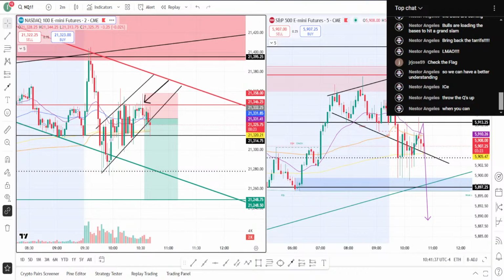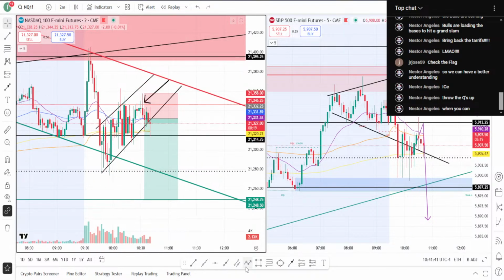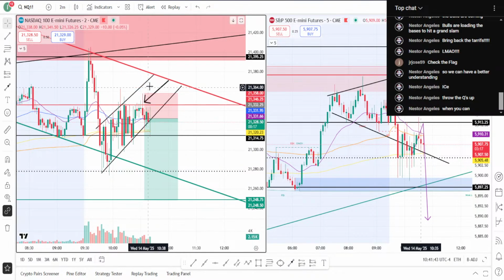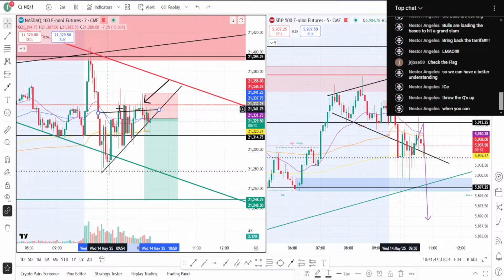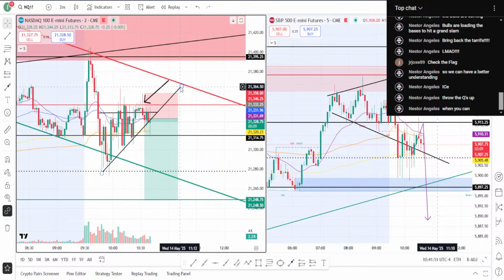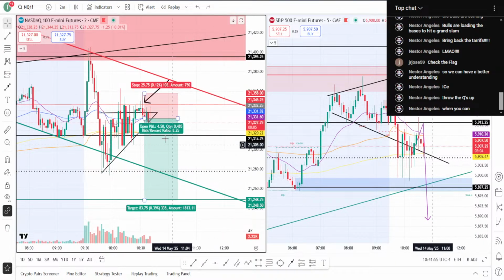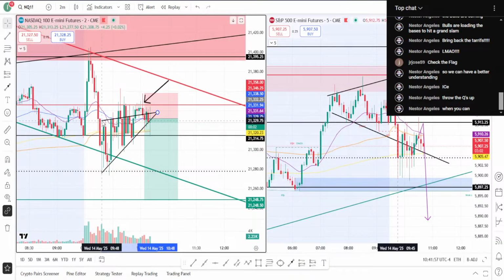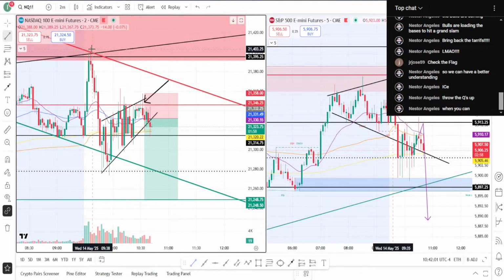Let's go. When we broke out of this flag right here, this is what they call a flag, right? Kind of looks like a flag. Sometimes it looks like this, because this is the initial leg down.